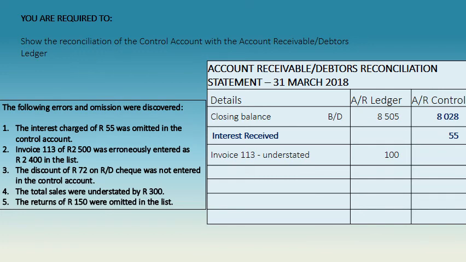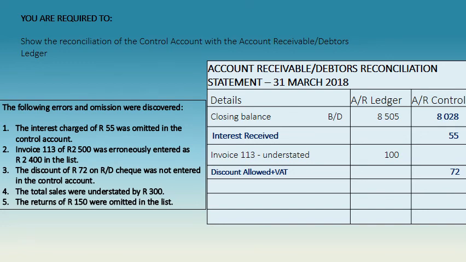The entry affected the subsidiary ledger, therefore it will be shown in the column for the subsidiary ledger, the understated amount 100 rand. Line number 3, the discount on the RD check was not entered in the control account. On the reconciliation, it will be shown as discount allowed. In the column for accounts receivable control, it will be recorded as 72 rand.